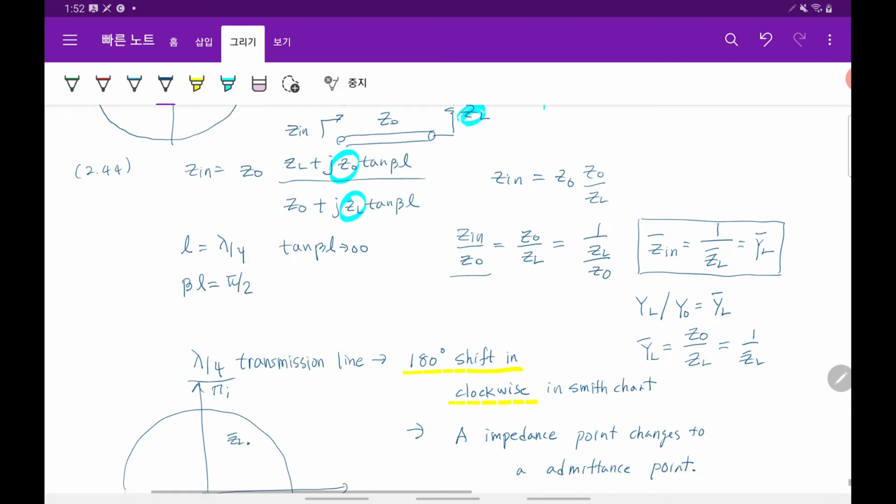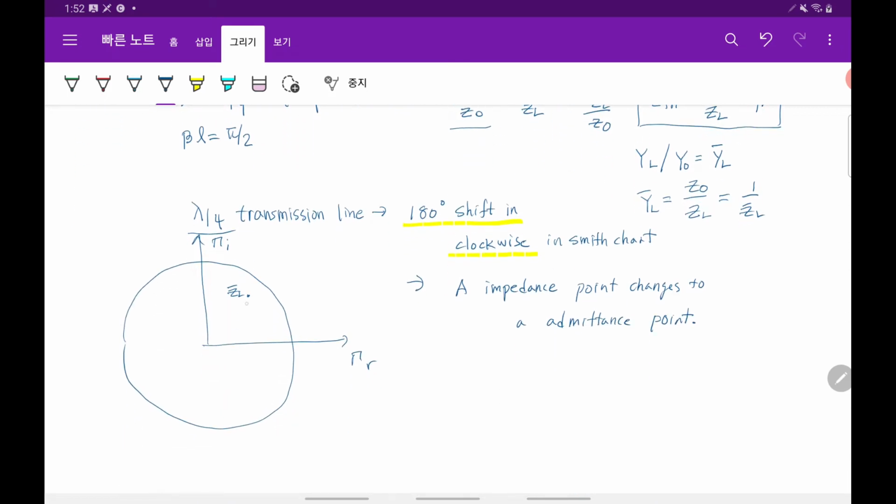Then what does it mean in the Smith chart? We move 180 degrees clockwise, to the point over here. So this is Zin with this lambda over 4 long transmission line.